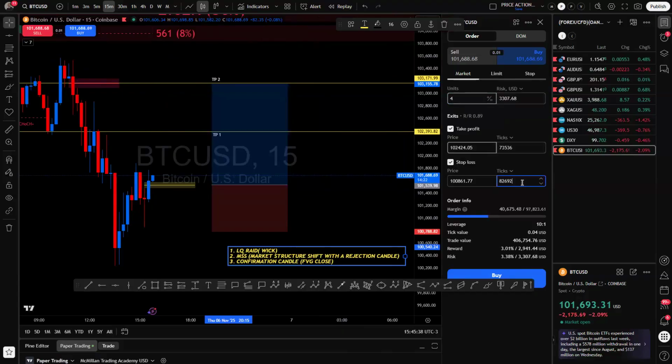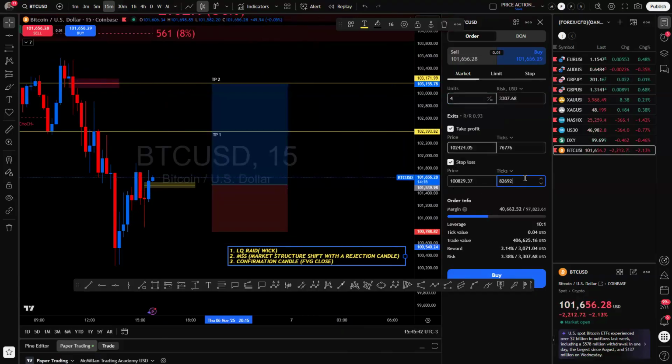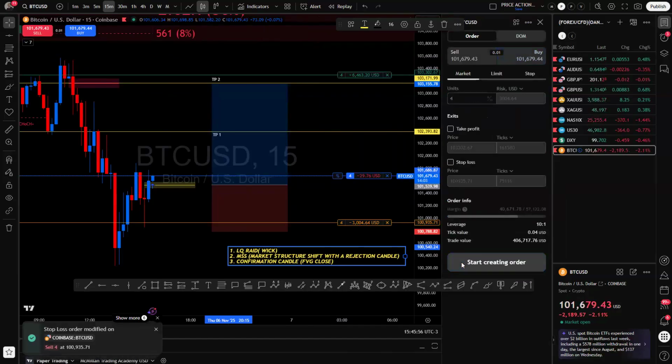Stop loss at 116,75. Take profit at 116,158. So this looks like a 3-bar pattern here. It's like an A+ setup for me.